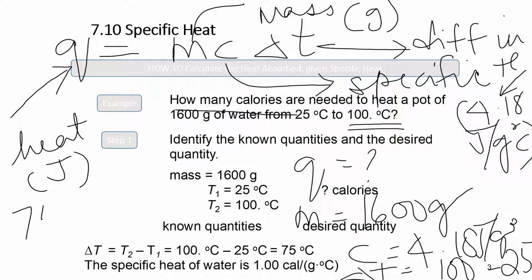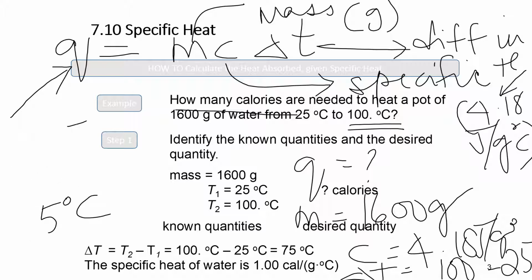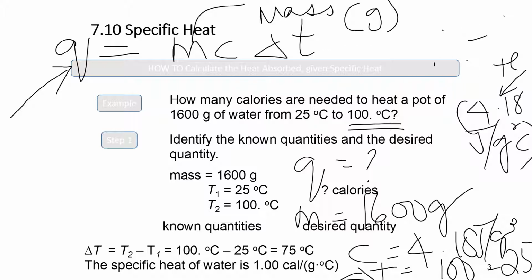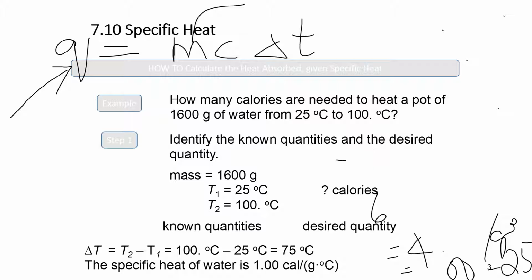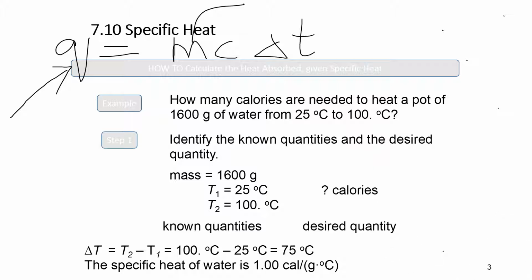So delta T is 75 degrees C. Now that I know all of the stuff that I need for this equation, I'm going to substitute it. Notice that the way they've done it on the PowerPoint slide is a little bit different, and I will talk to you about the differences and how we can eventually arrive at the same answer no matter how we do it.